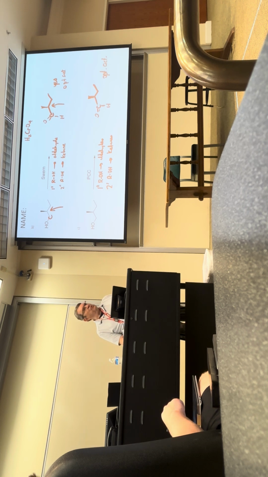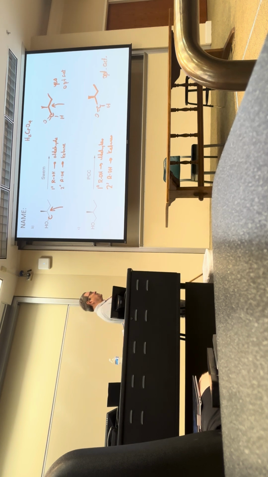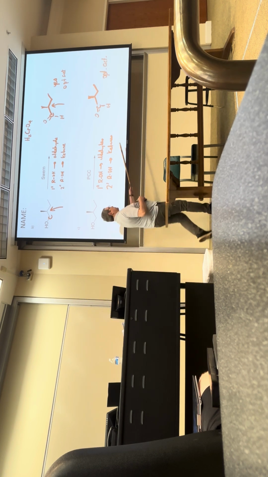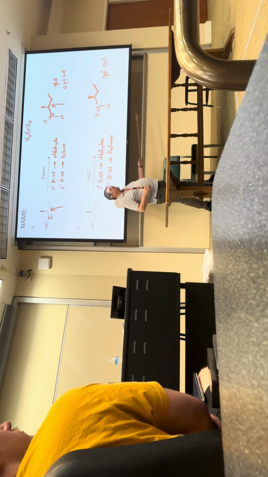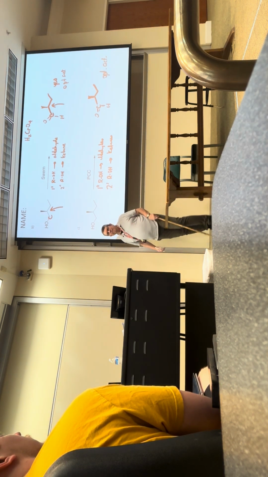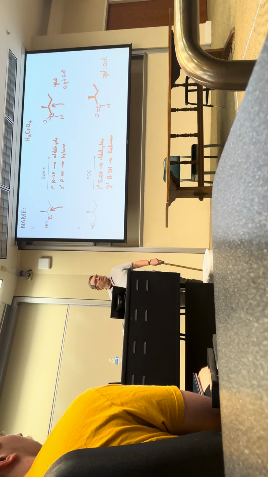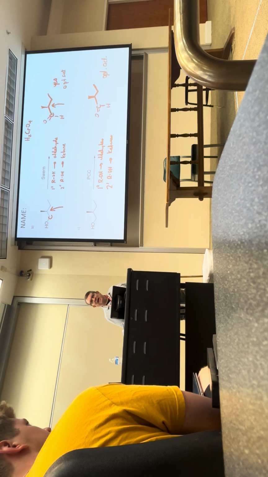And that would have given you what? Carboxylic acid. Yeah, instead of an H here, you'd have an OH here. Secondary, you still get a ketone. But primary, you would get a carboxylic acid. It can't stop at the aldehyde.